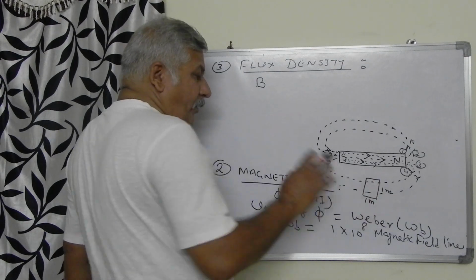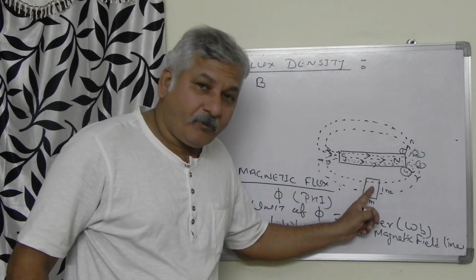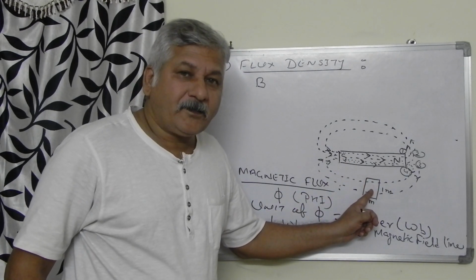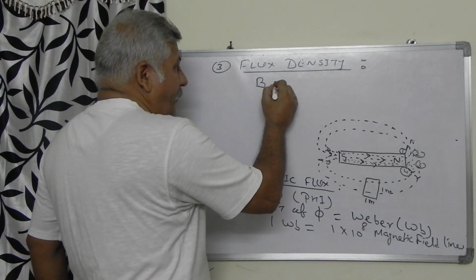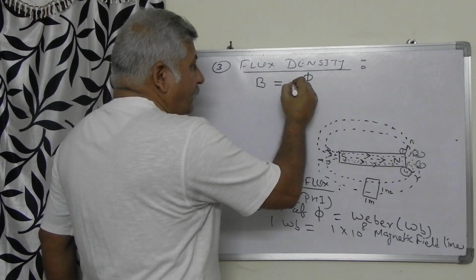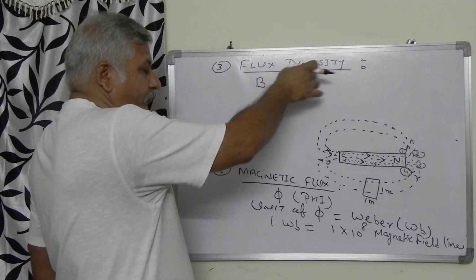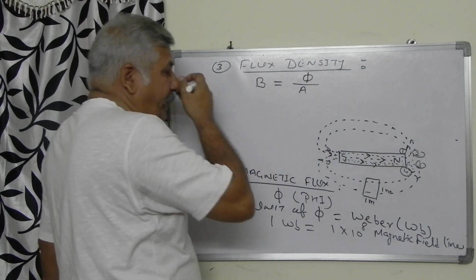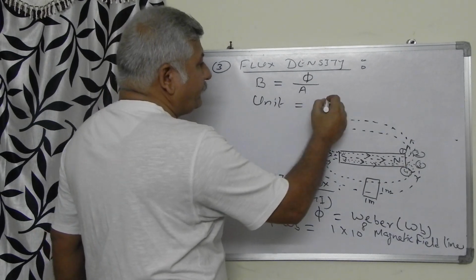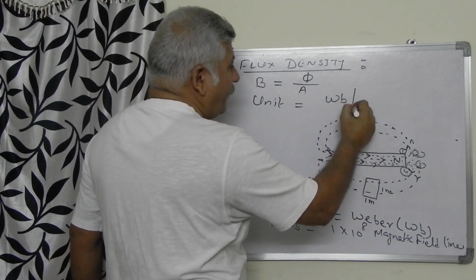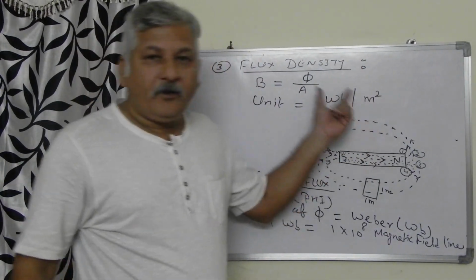So the total number of magnetic field lines which pass through this perpendicular plane is called flux density B. So this is represented by B and it is given by flux per unit area, the total number of magnetic field lines per unit area, and its unit is Weber per meter square. So this is the unit of flux density.